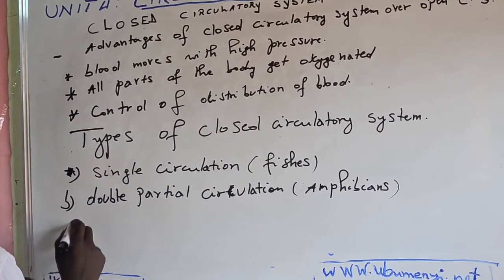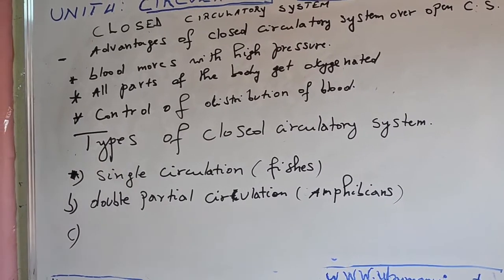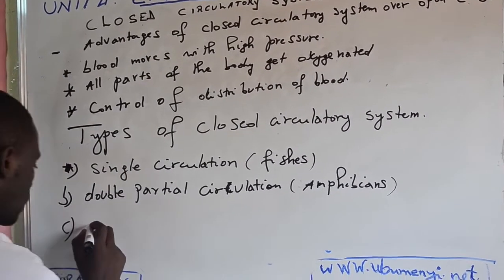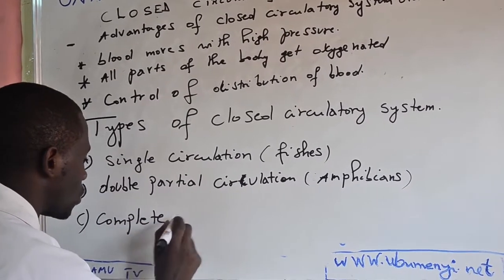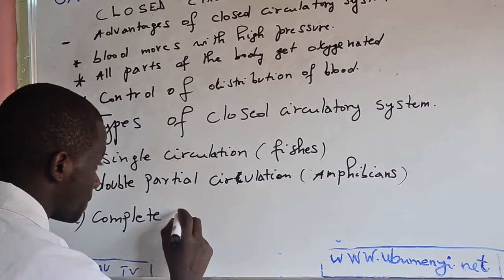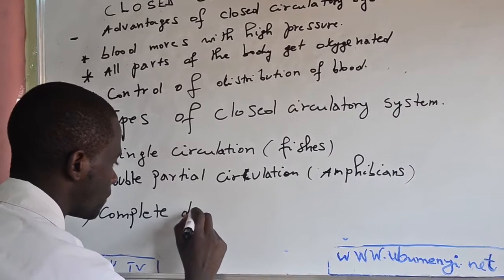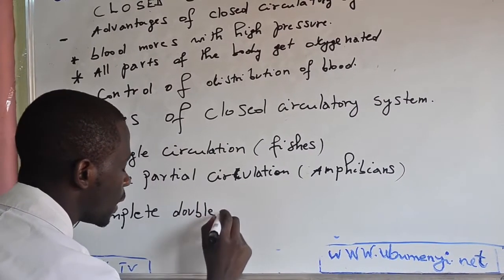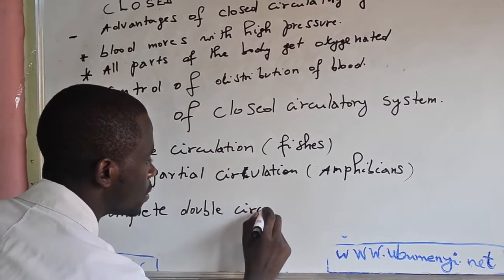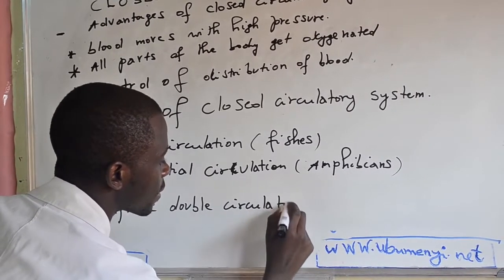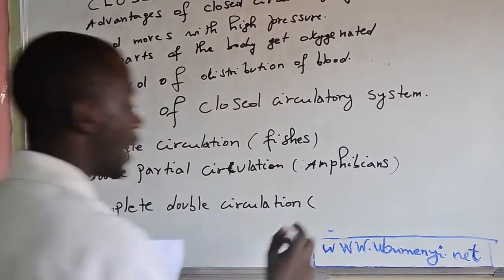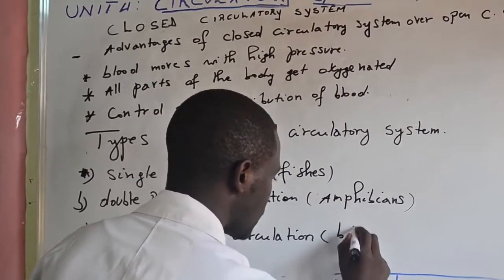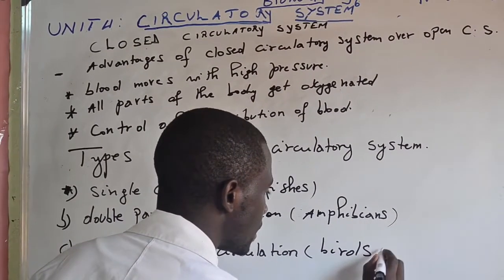You have also complete double circulation, mainly found in birds and mammals.